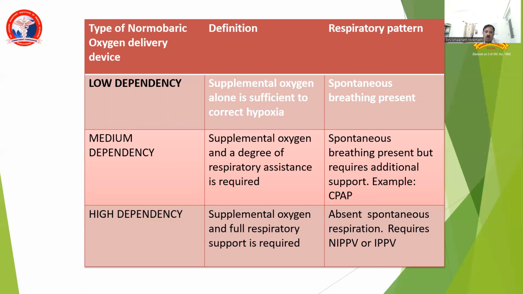So he will require either non-invasive positive pressure ventilation or invasive positive pressure ventilation, because he is not breathing. We have to push the air rather than the patient sucking the air. Supplemental oxygen and full respiratory support is a must.